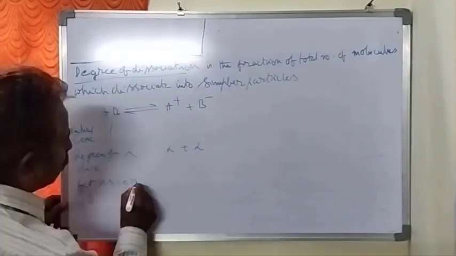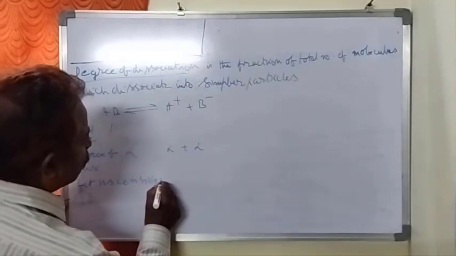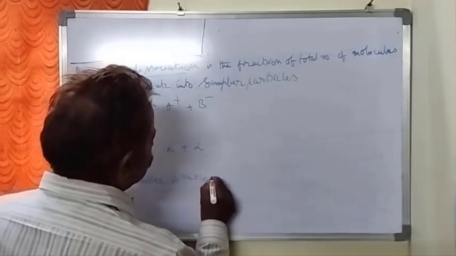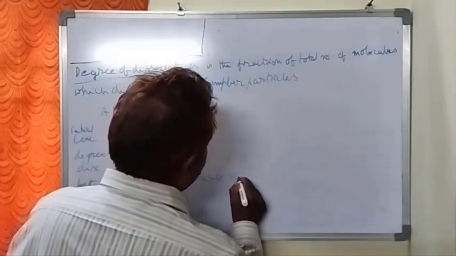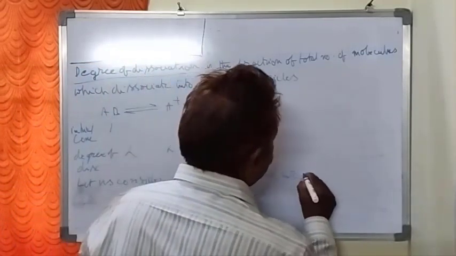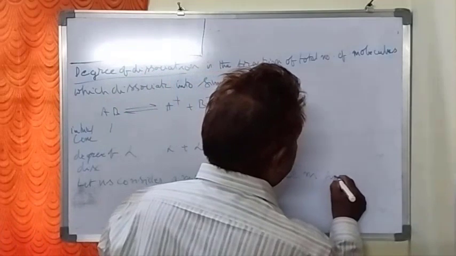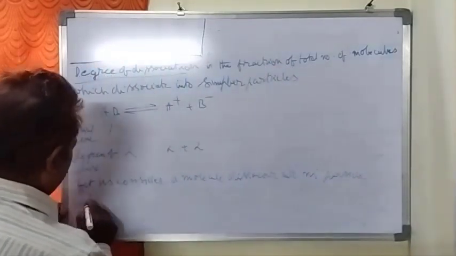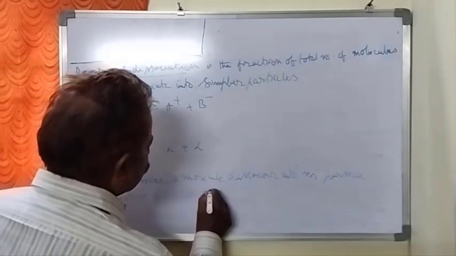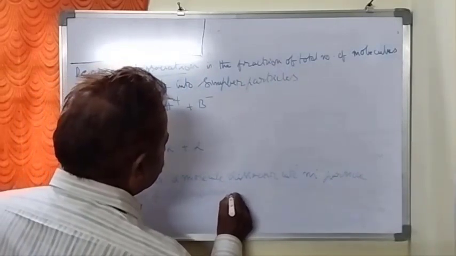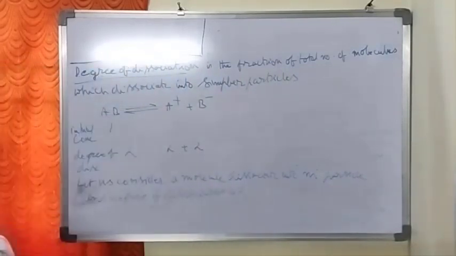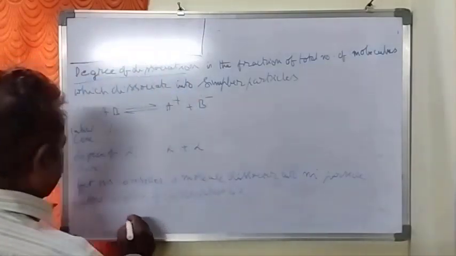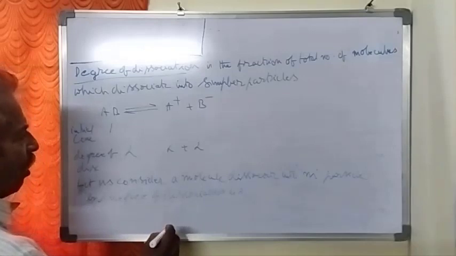So let us consider a molecule dissociates into m particles, and the degree of dissociation is alpha.